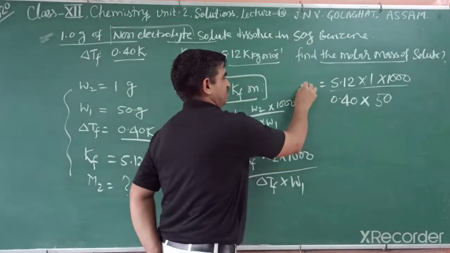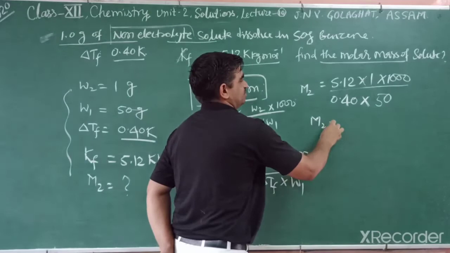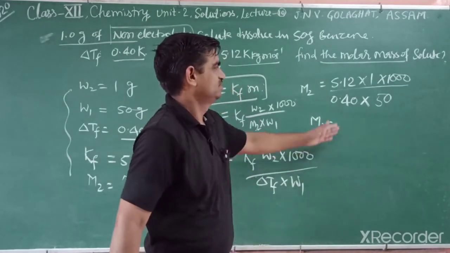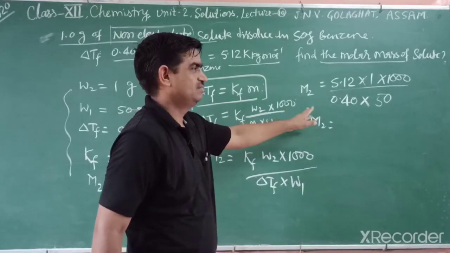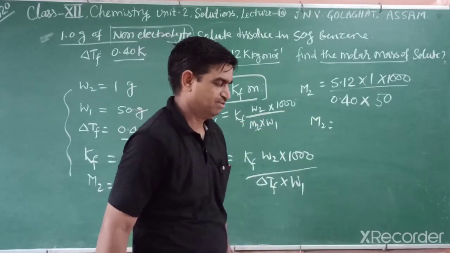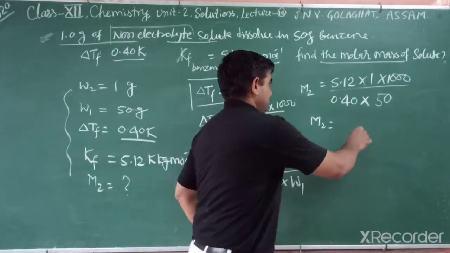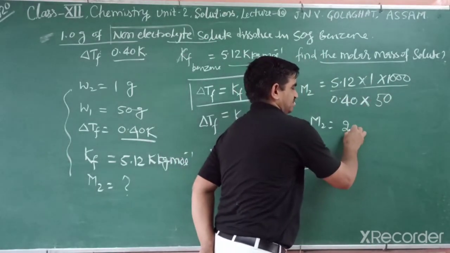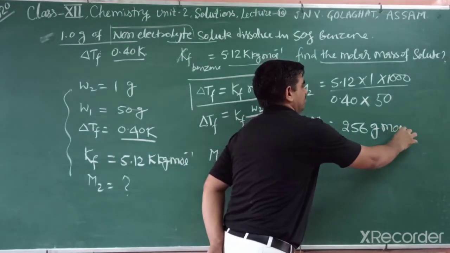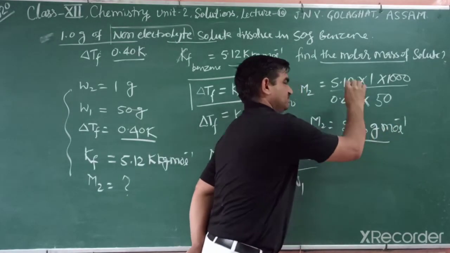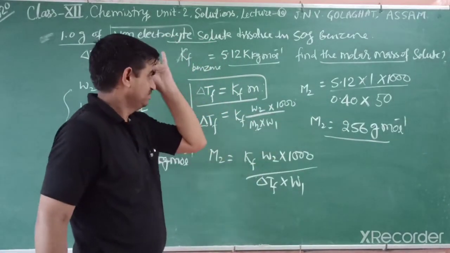So we have to solve this. In this way we can find out the molar mass of the solute. If we solve this, we get the molar mass of the unknown non-electrolyte solute, which is 256 gram mole inverse.